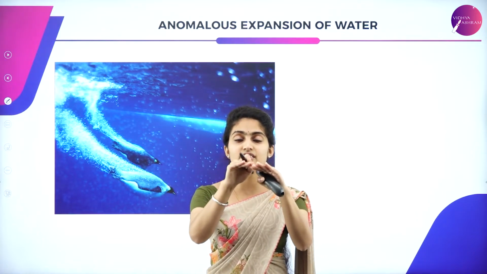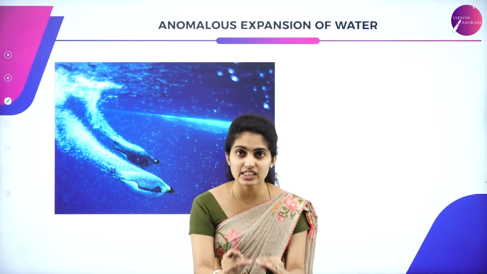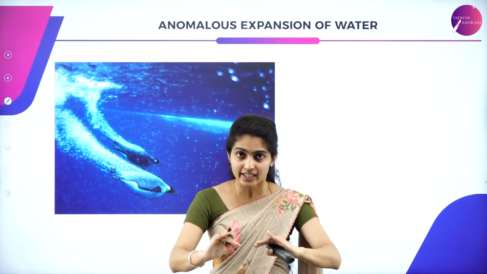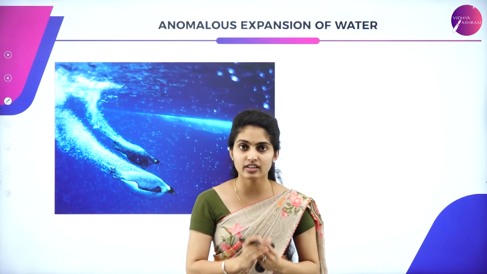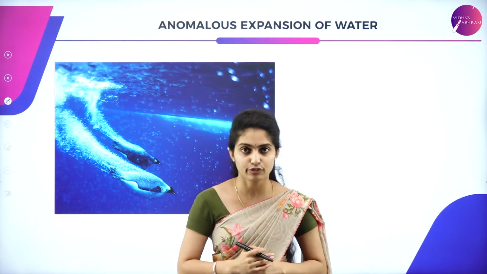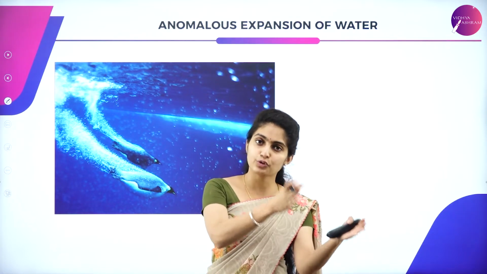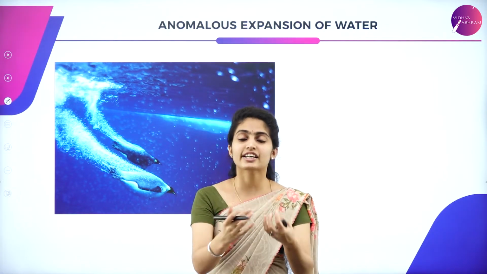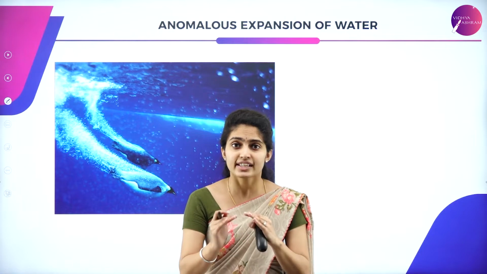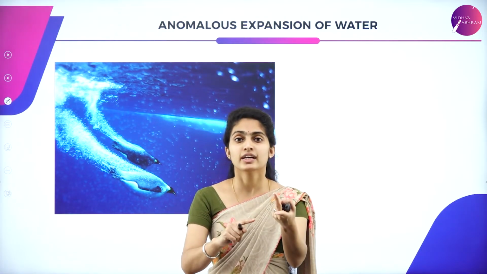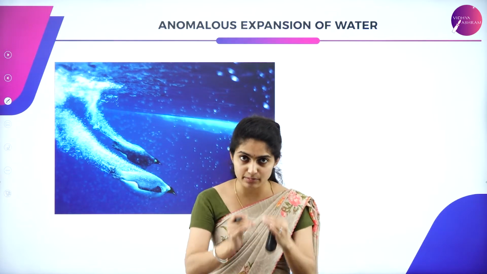That first superficial layer sinks down, and the layer with lower density comes up and takes up as the first layer. Now again, it takes up from 0 to 4 degrees Celsius. Again, volume decreases, density increases. Again, the second layer which had come up as the superficial layer comes down.